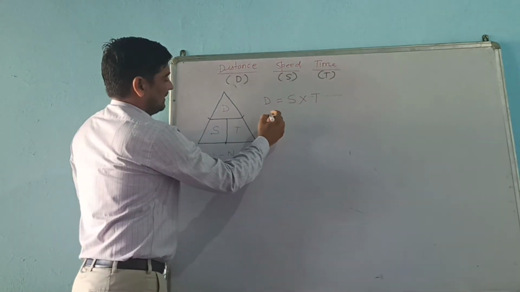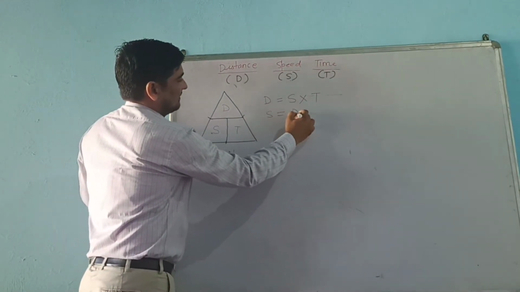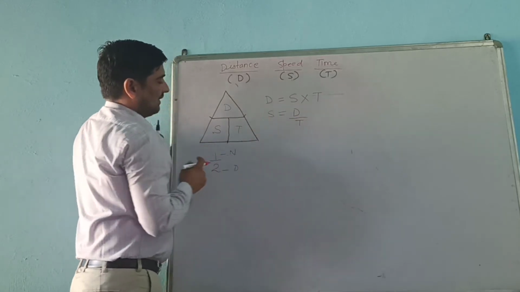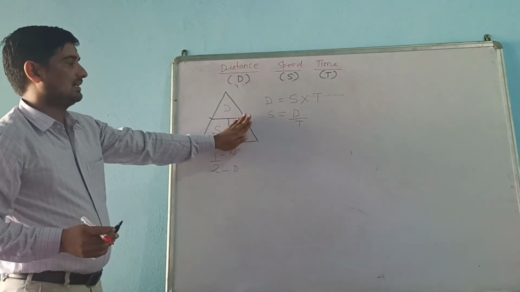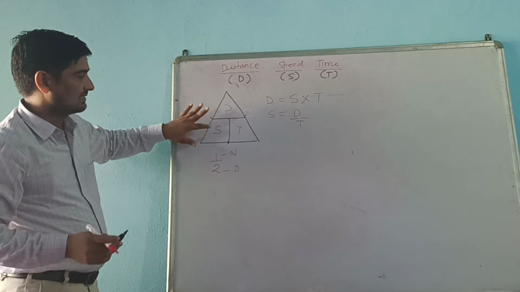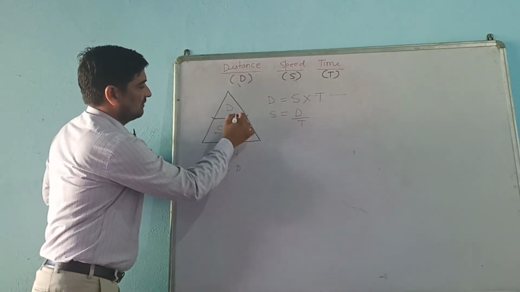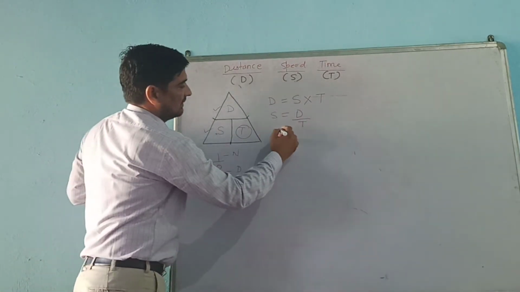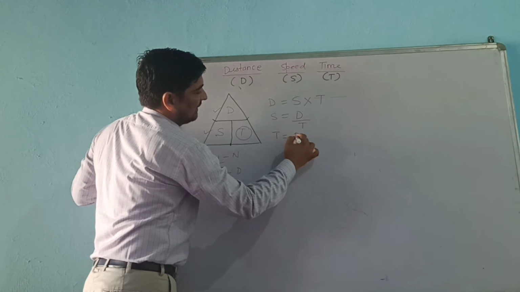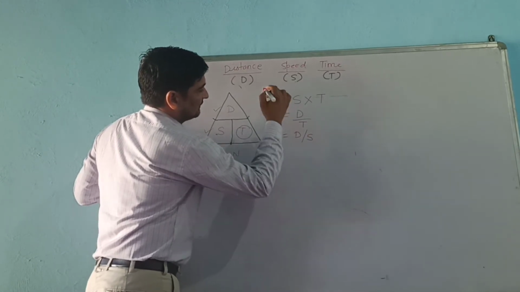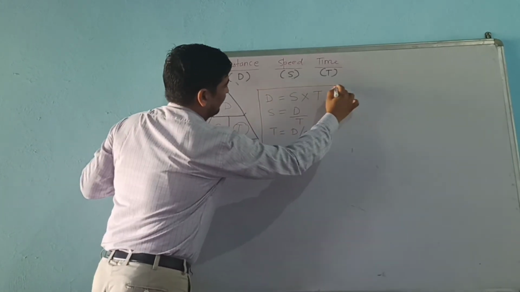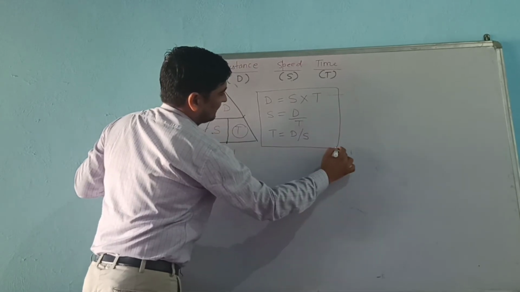So I will use speed equals distance divided by time. If I want to calculate time, I will cover time, and you will find distance and speed. So time equals distance divided by speed. These are the three very important relations that we will be using in the numericals.